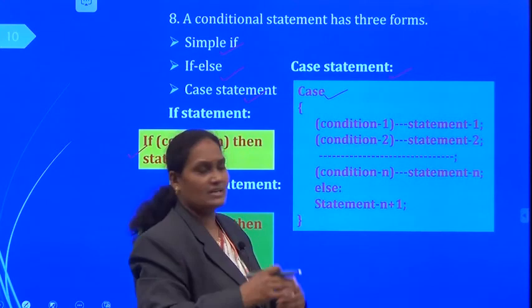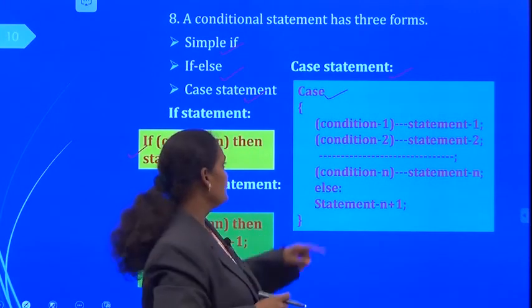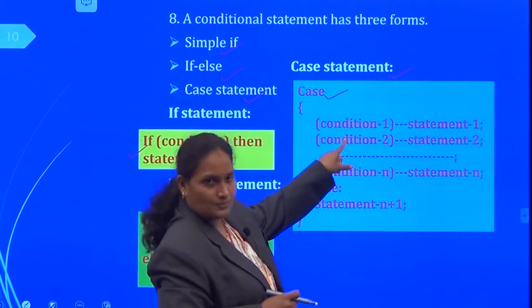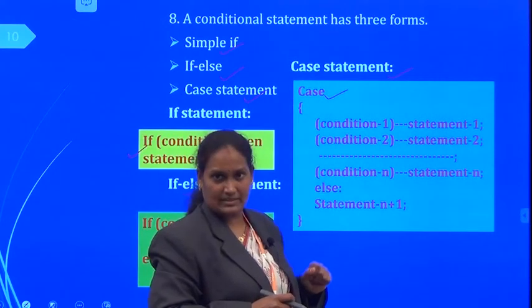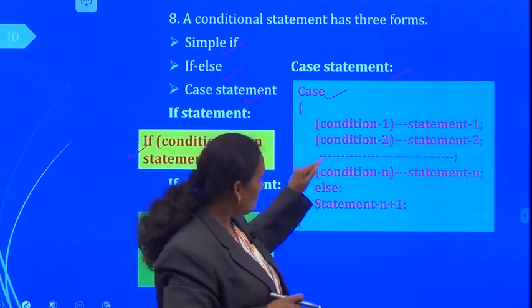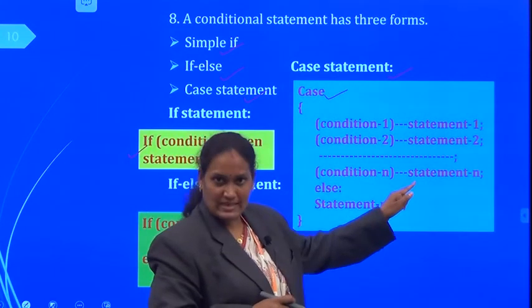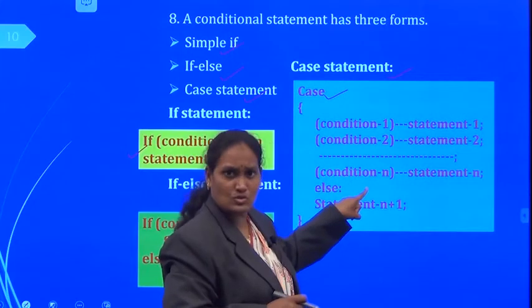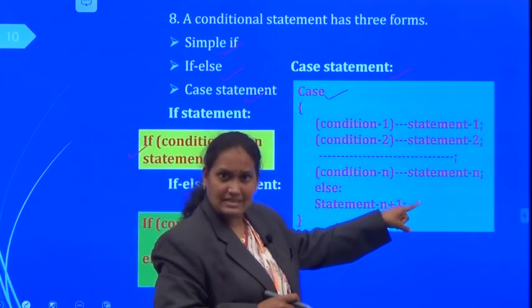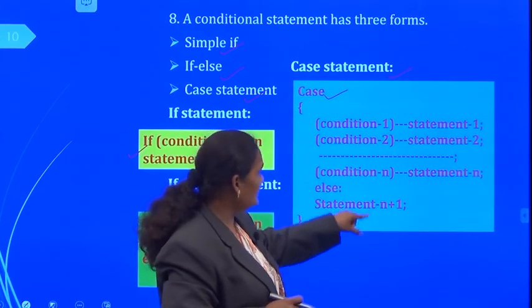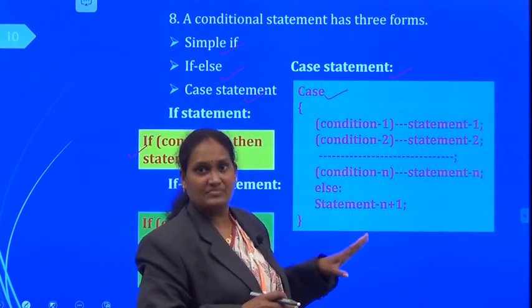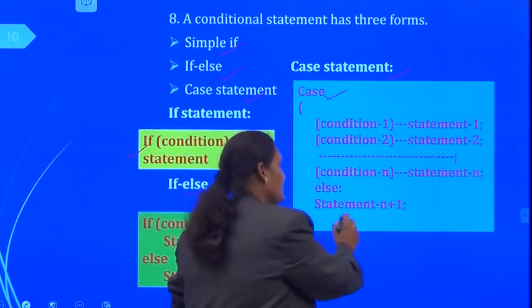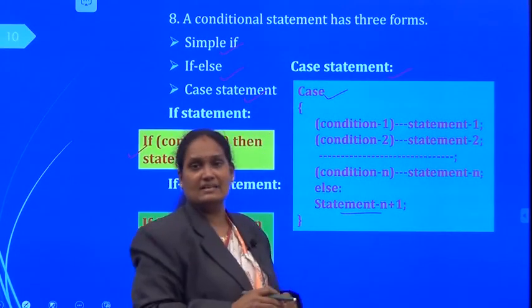How is this case statement executed? Let us see. If condition 1 is true, statement 1 is executed. If condition 2 is true, statement 2 is executed, and so on. If condition n is true, statement n is executed. If all the conditions are false, then the default statement n plus 1 is executed.